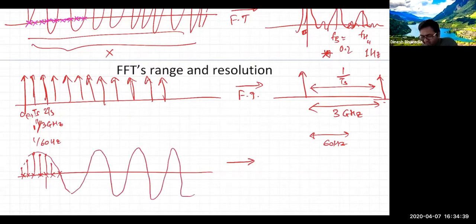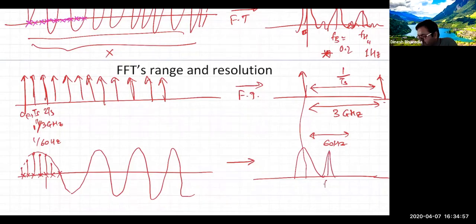And what these samples are doing really is, let me try to draw this as well as I can: I will have a sinc because of F0, first this one, then I will have an FP sinc. And then the same, I will have another F0-related sinc, but at F0 plus 3 gigahertz.